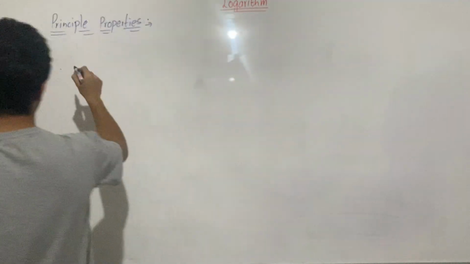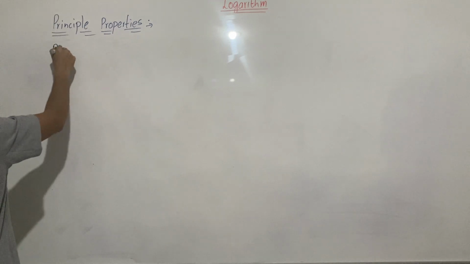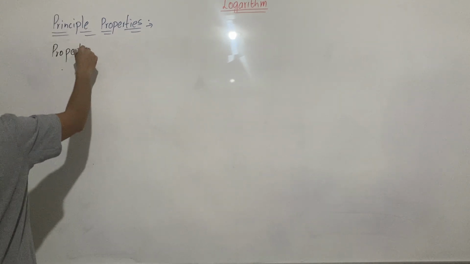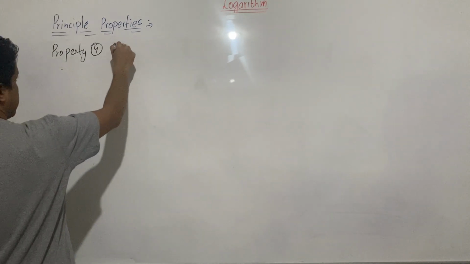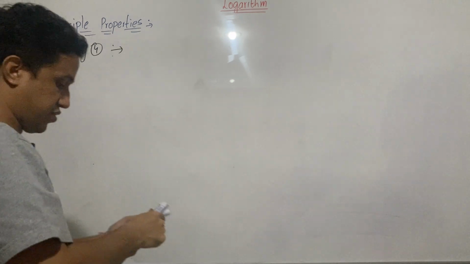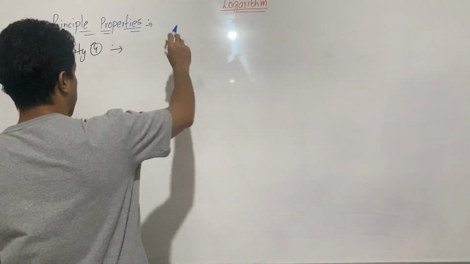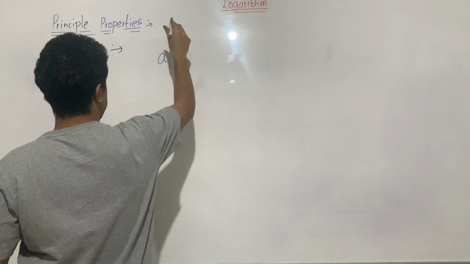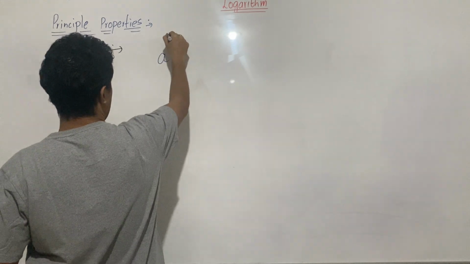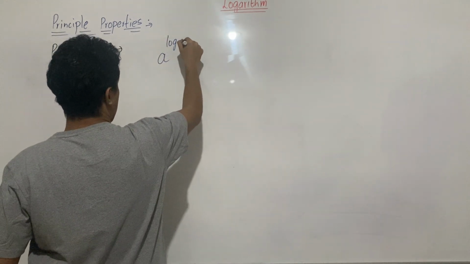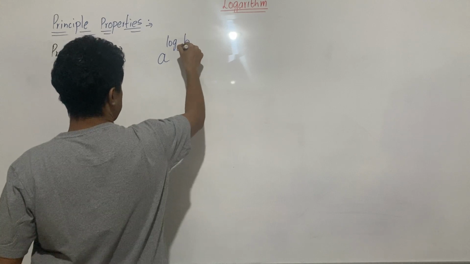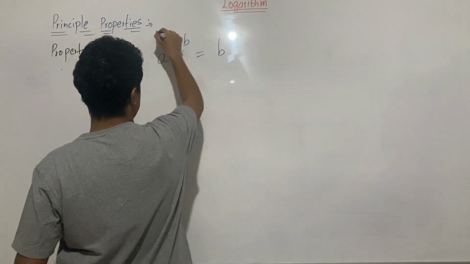There is no particular name for it. I'm just going to write here property 4. It says that a raised to log b to the base a equals b.